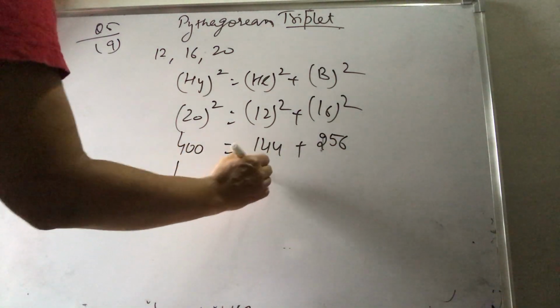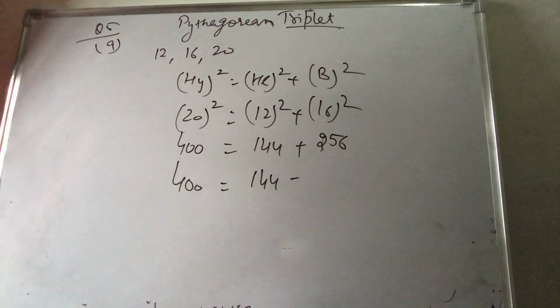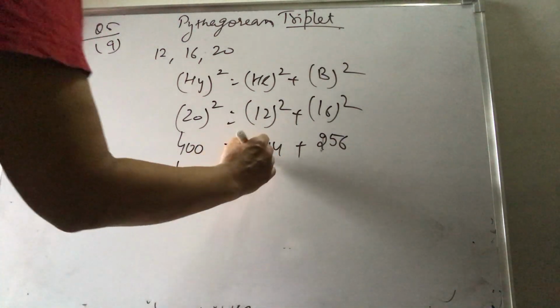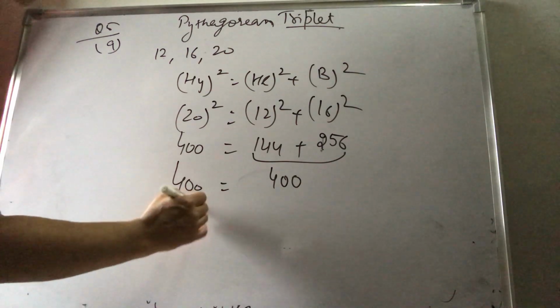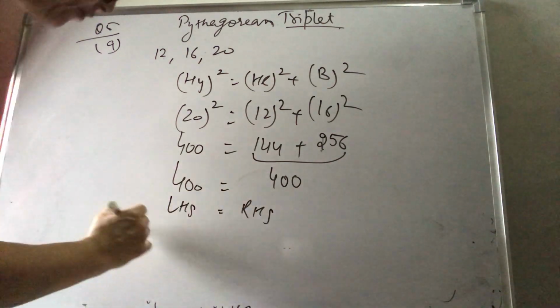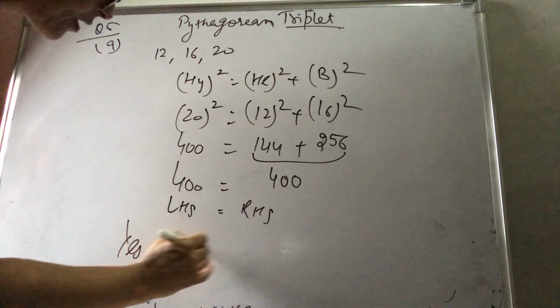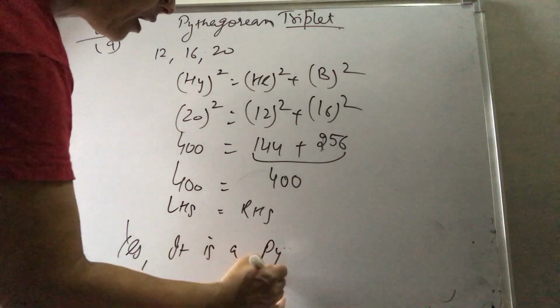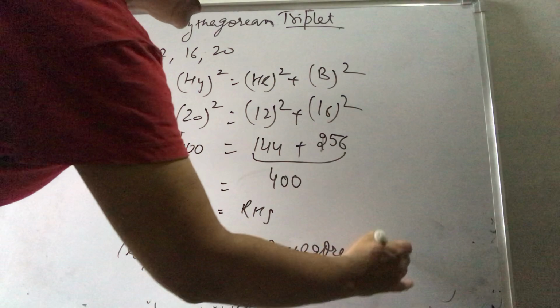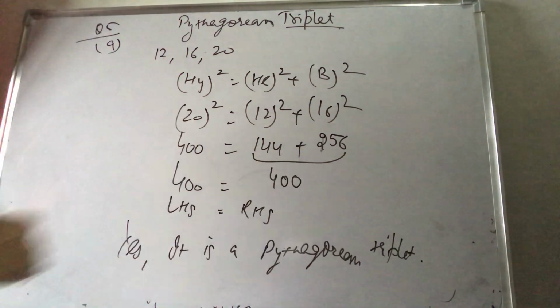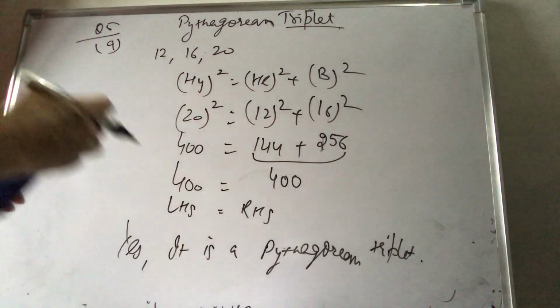That 400 will be equal to 144 plus 256. When we add both of them, we will get 400. So Pythagoras theorem is satisfied. We will write yes, it is a Pythagorean triplet. That's all for question number 5.